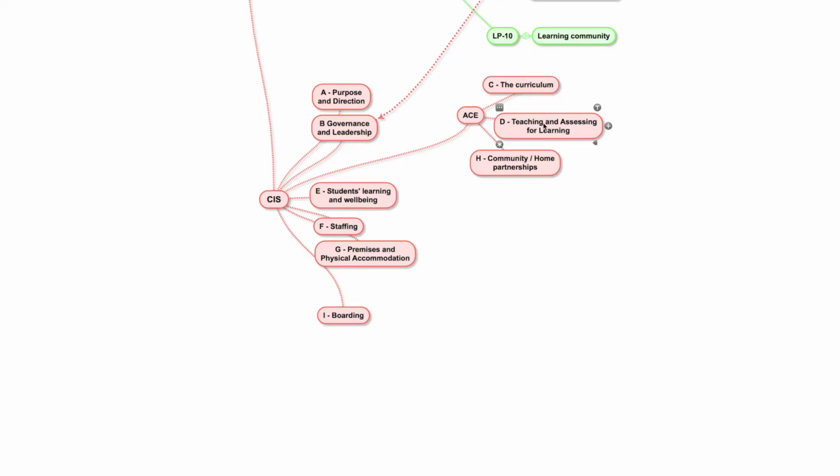But you'll notice that C, the curriculum, D on teaching and assessing for learning, and H, the community, those 3 from the CIS domains, they're not required to be submitted under the CIS documentation because it's understood that those 3 will be dealt with within the ACE protocol.